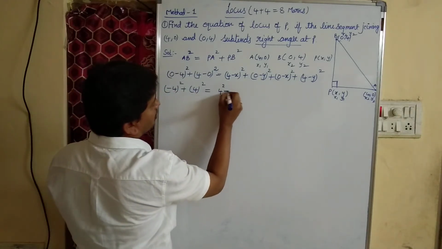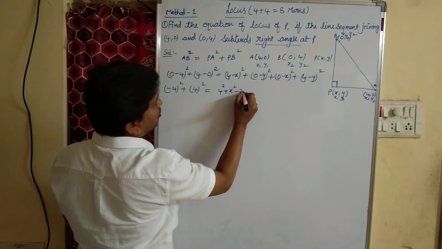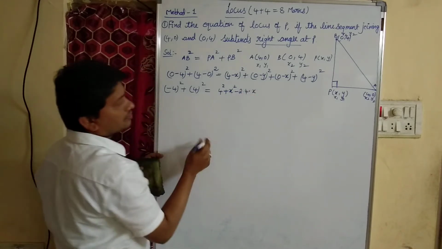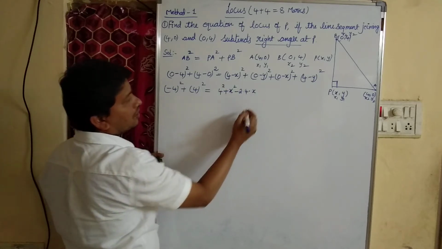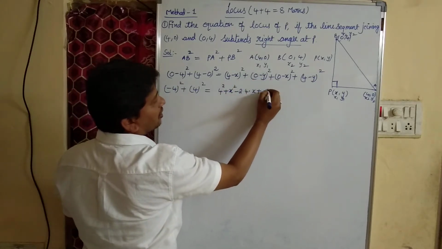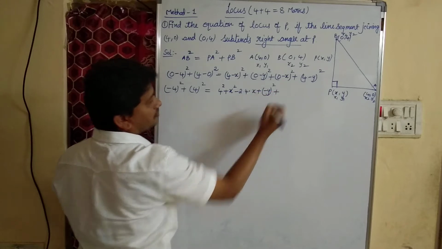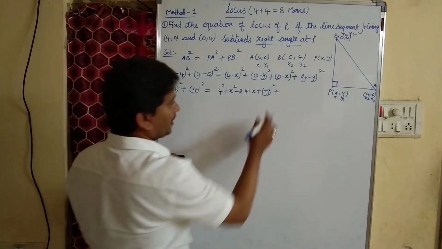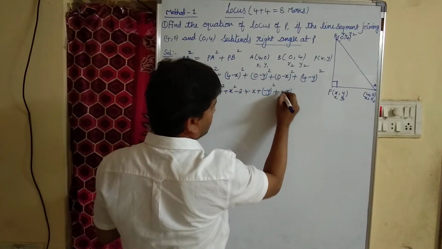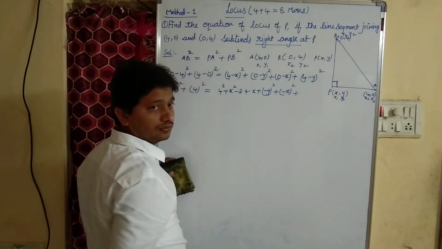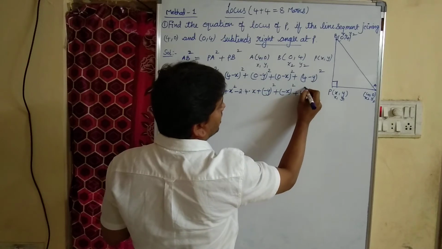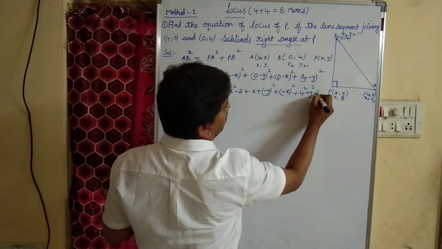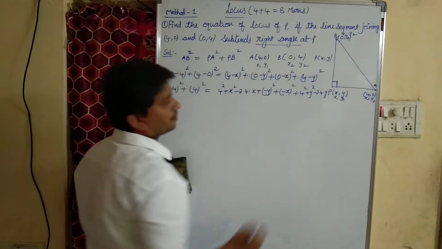A square plus B square minus 2 into A into B. 0 minus y, that is minus y whole square, plus 0 minus x, that is minus x whole square, plus again A minus B whole square, A square plus B square minus 2 into A into B.